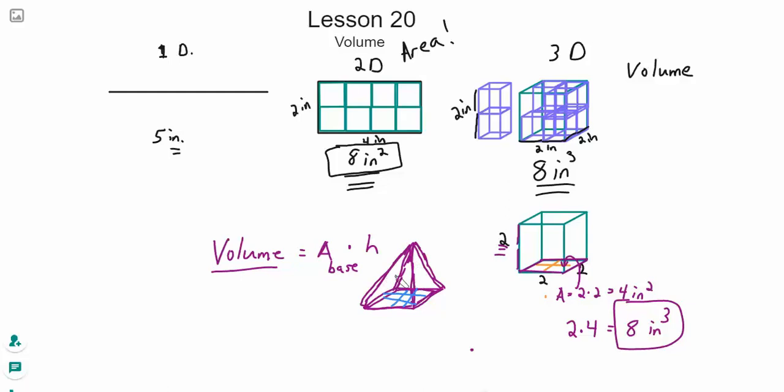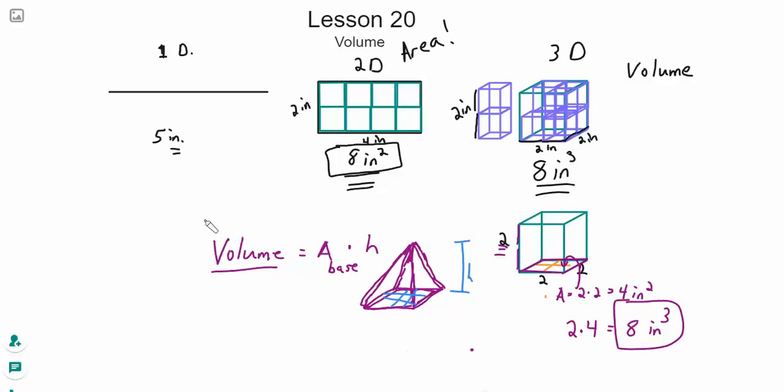Each layer is going to take fewer cubes because we're narrowing to a point here. So we can't just find the area of the base and multiply it by whatever this height is, okay? Because the layers are going to change as we go up.